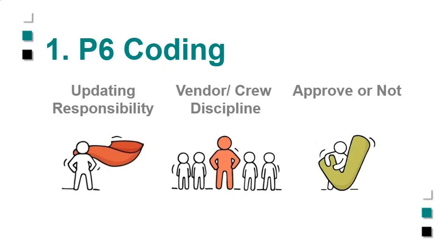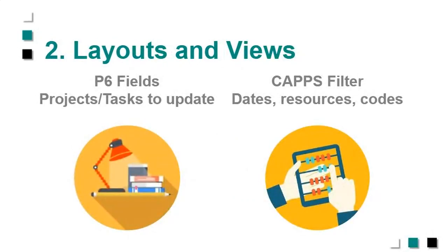And then inside of P6, we've got approvals that we can review. So we're really using what you're doing already in P6, the layouts, the views, if you're using the web, and filtering by dates with look aheads and coding. We're trying to just use what you're familiar with already, just to make CAPS a lightweight updating tool.